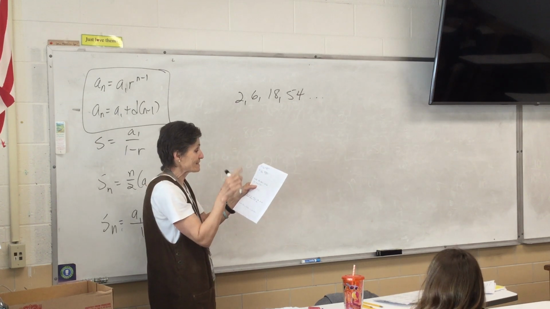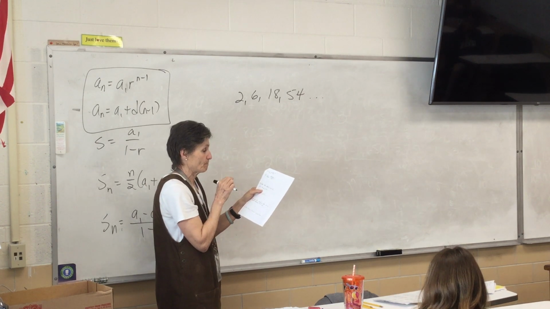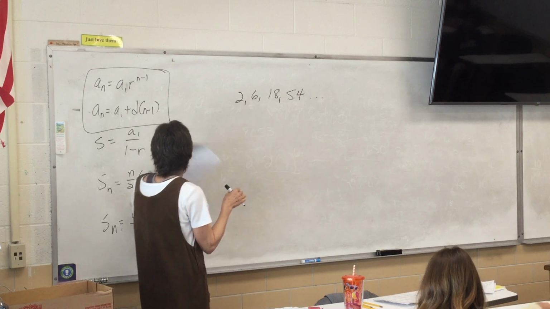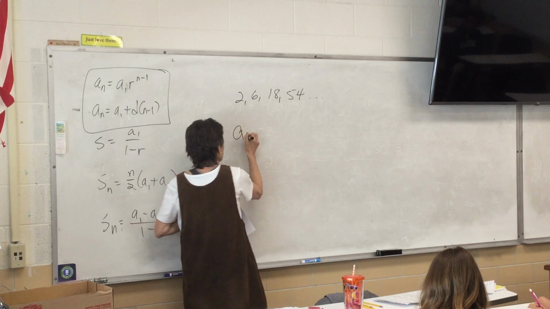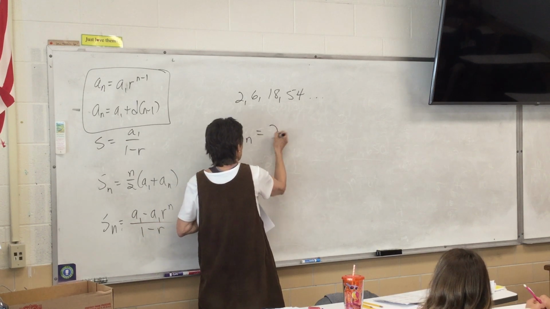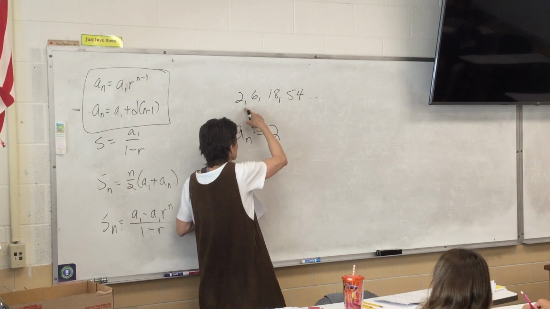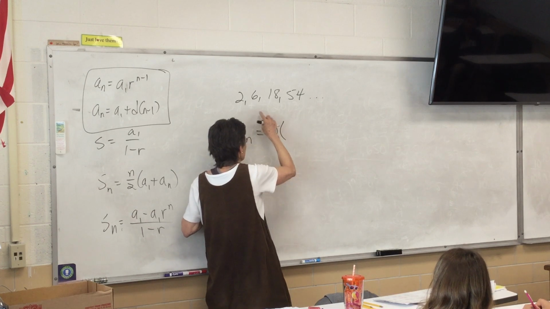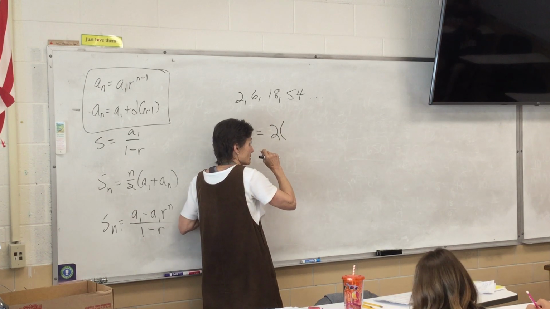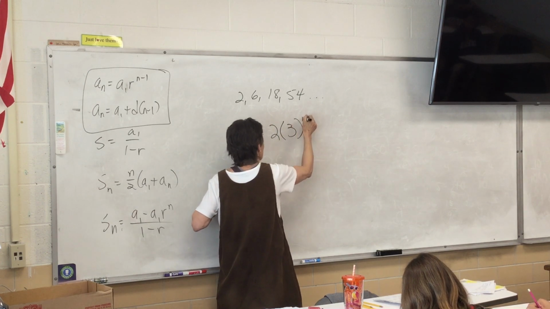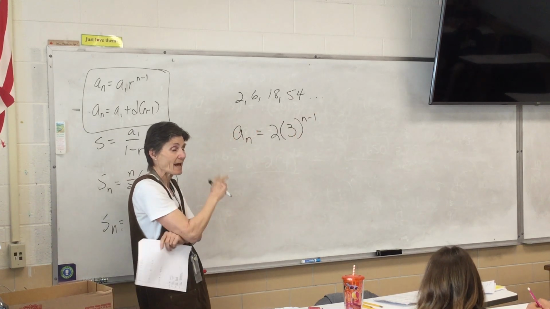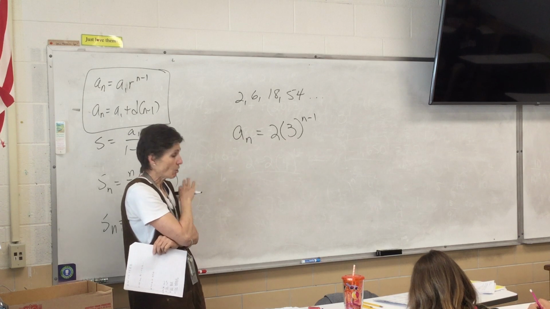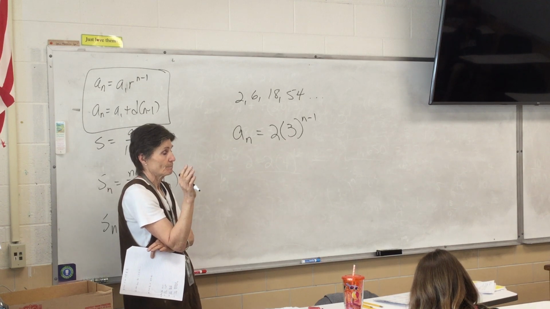So, what is A? Problem A, 4A. Geometric. So I'm going to take this formula right here, this top formula. All I'm going to do is plug in my first term, which is 2, and my ratio, which is 3, and that's it. That's the explicit rule. That's the formula. That's all you have to do.